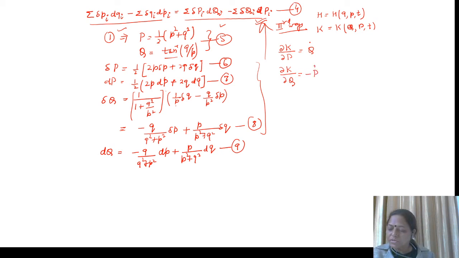That this type of preservation is there. If I can show that these relations are preserved, then it's okay.